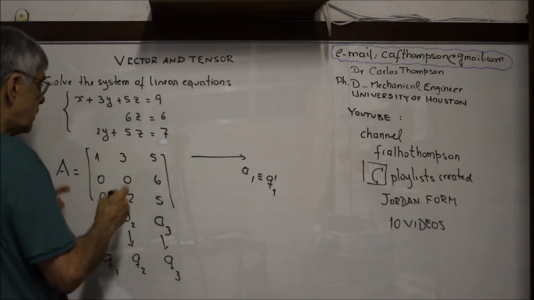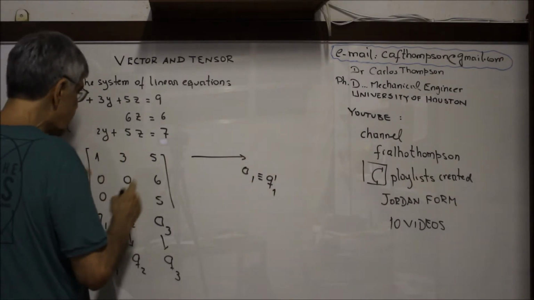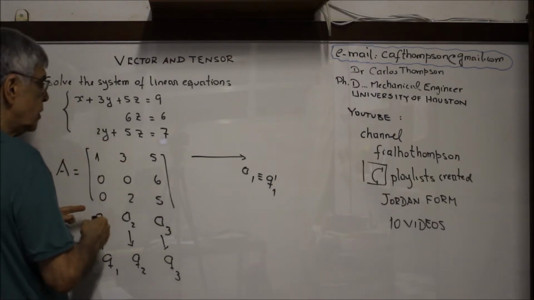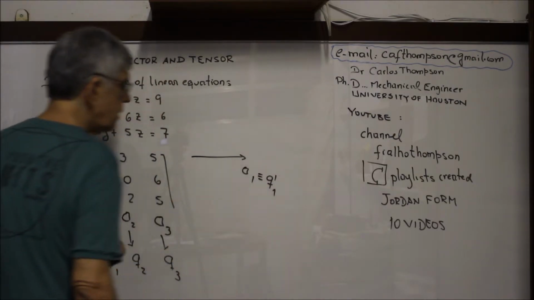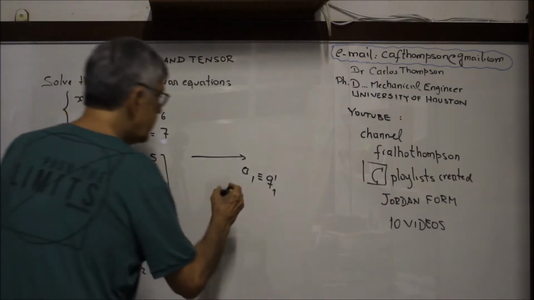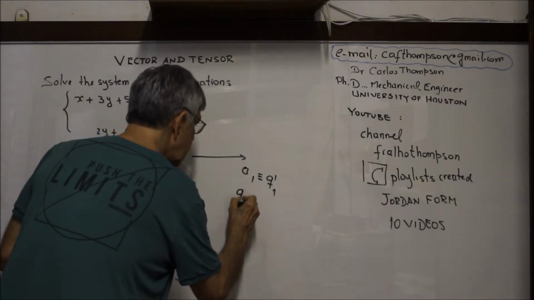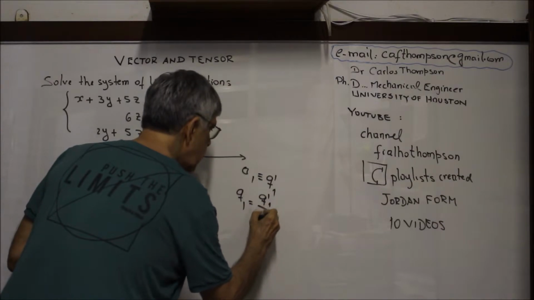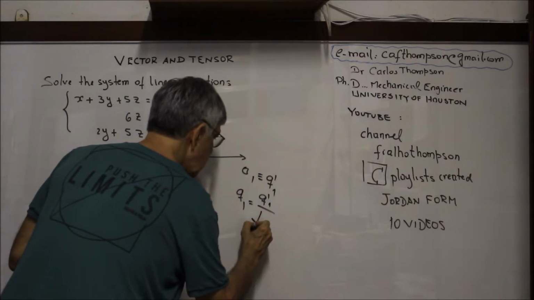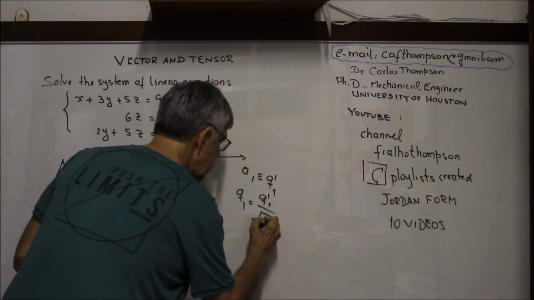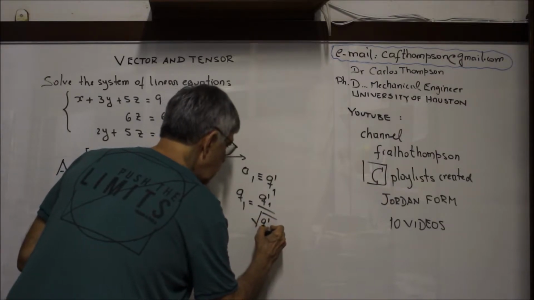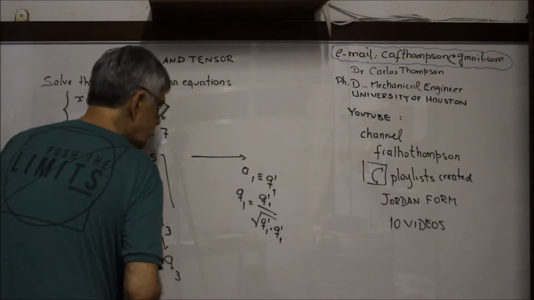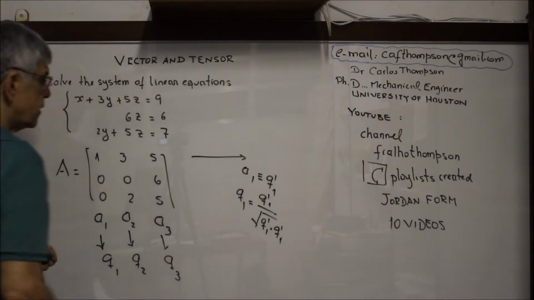I make the first vector, A1, coincide with Q prime 1. And Q1 will be Q prime 1 divided by the square root of Q prime 1 dot Q prime 1. See? Now let's calculate this.